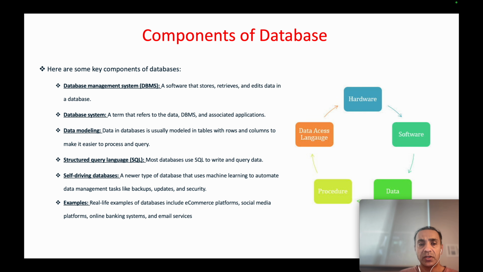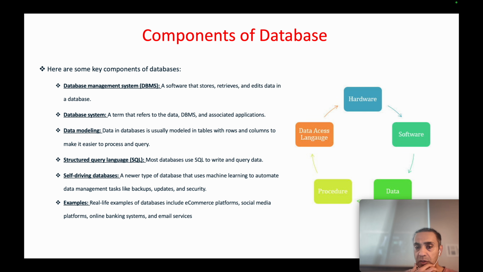Self-driving databases are a newer type of database that use machine learning to automate data management tasks like backups, updates, and security. These are like predefined functions, like a lambda function, that use a machine learning model to get initiated based on some conditions.